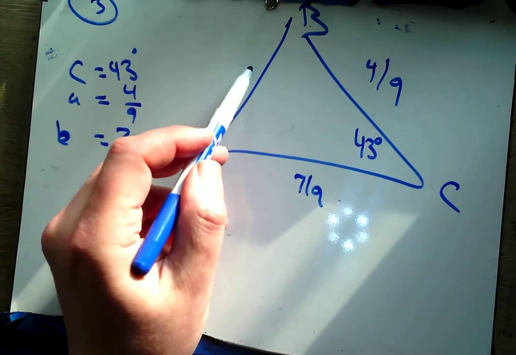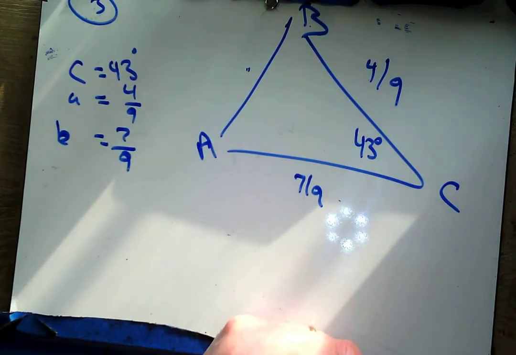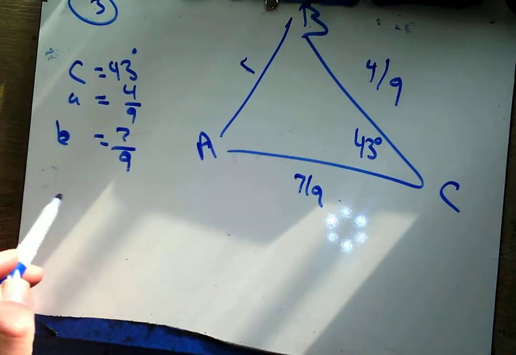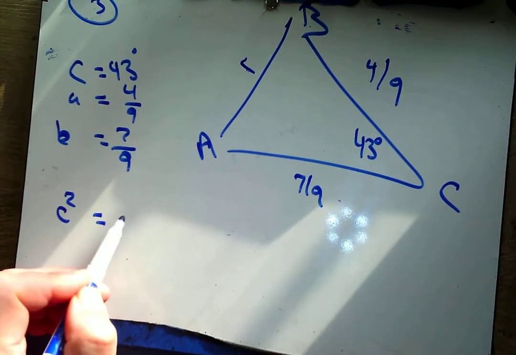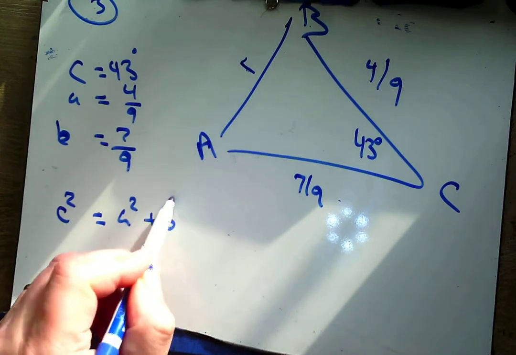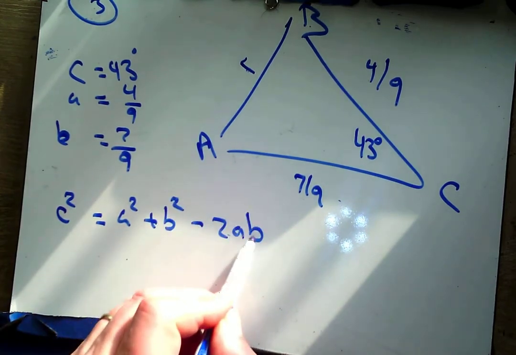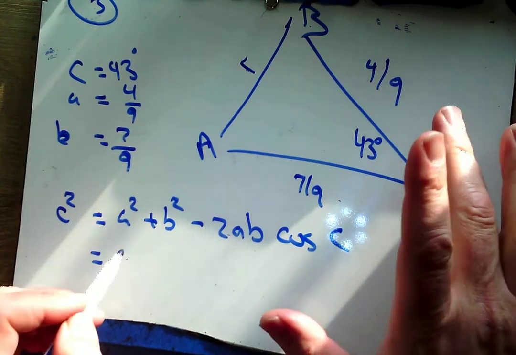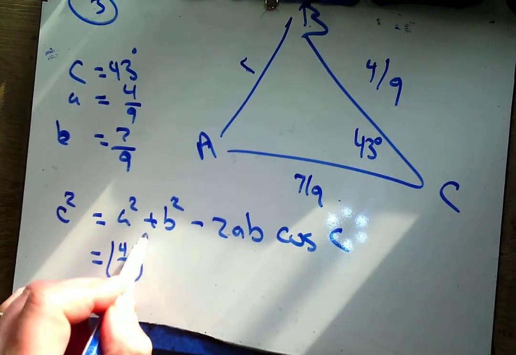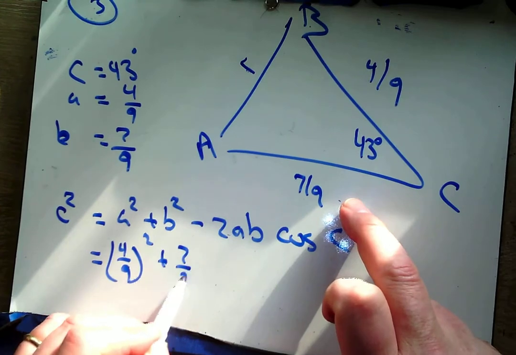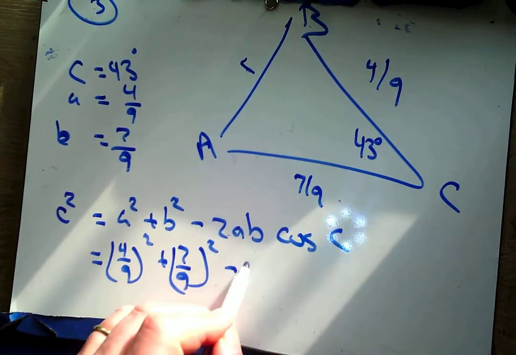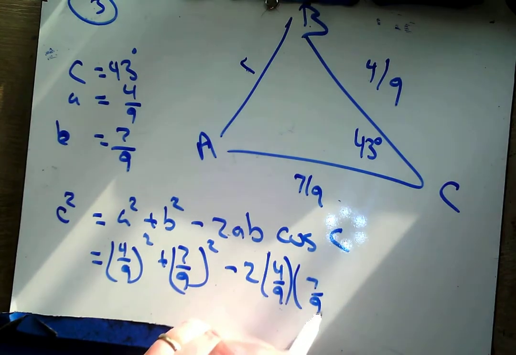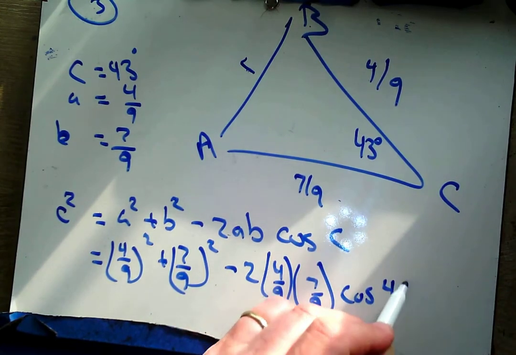I often like getting that side angle pair, so I'm going to look for little c. I'm going to do c squared equals a squared plus b squared minus 2ab cosine c. Okay, so 4/9 squared plus 7/9 squared minus 2 times 4/9 times 7/9 times the cosine of 43.